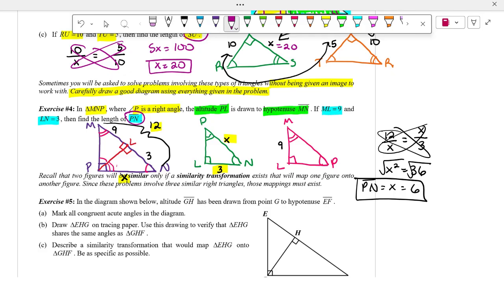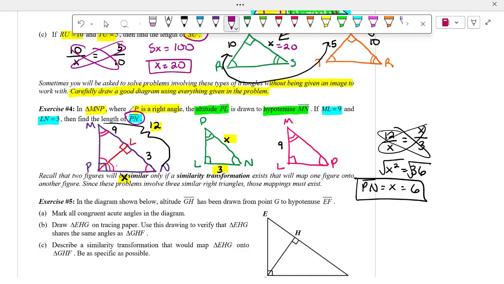So I'm going to leave one of them uncut. That's going to be our original. So I just made the altitude. Okay. So I now have two baby right triangles that I made out of this.